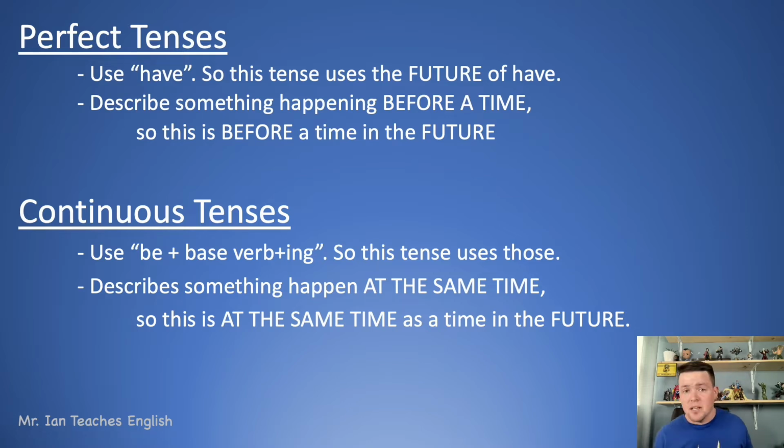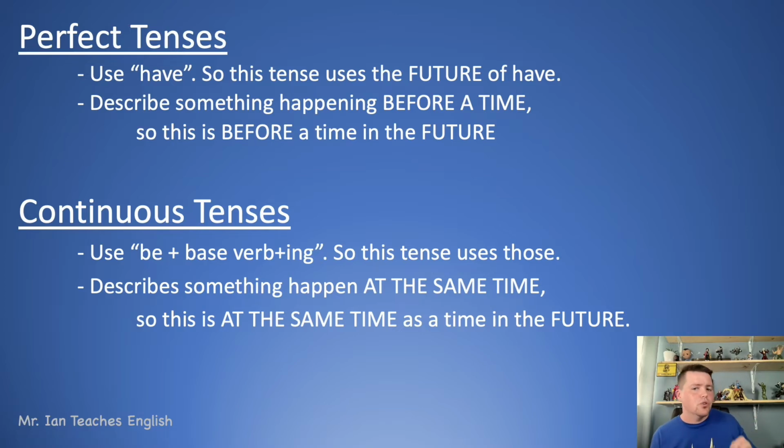It's also a continuous tense, which means that it uses be, base verb, ing, and it talks about things that are happening at the same time. So we have to put these two ideas together and show that this action, whatever your action, is happening in the future before and at the same time as an event.